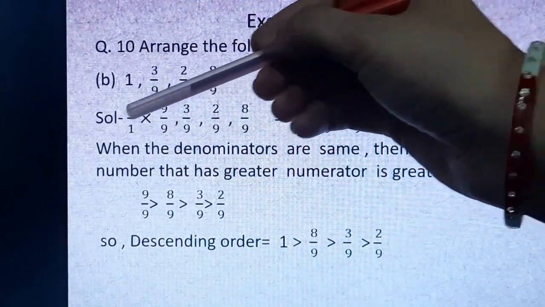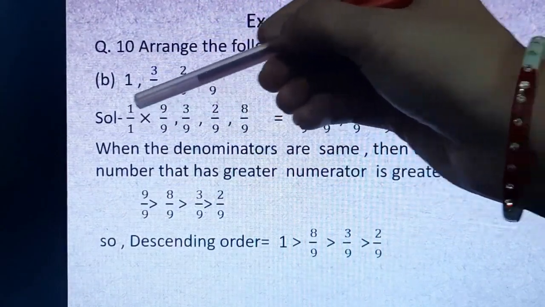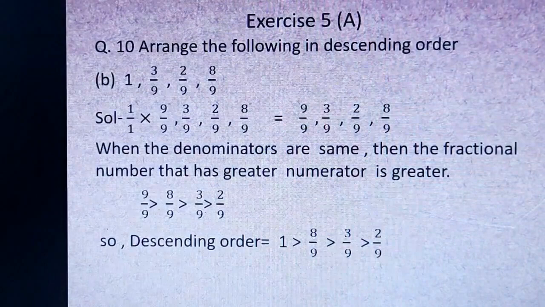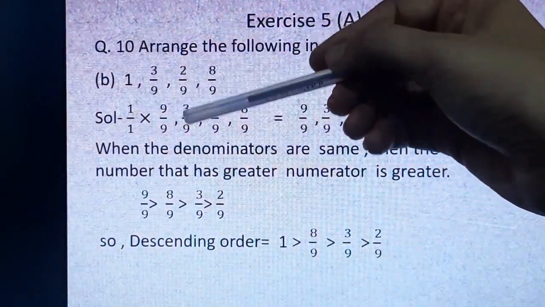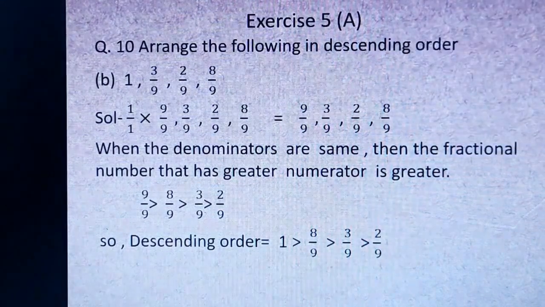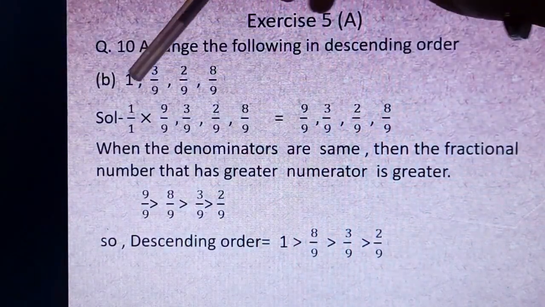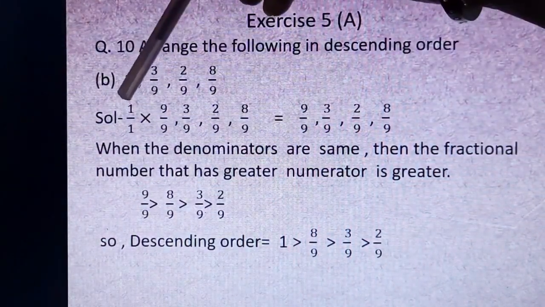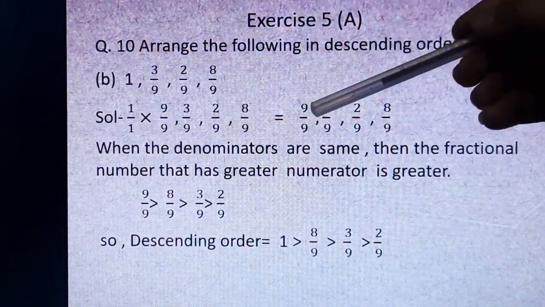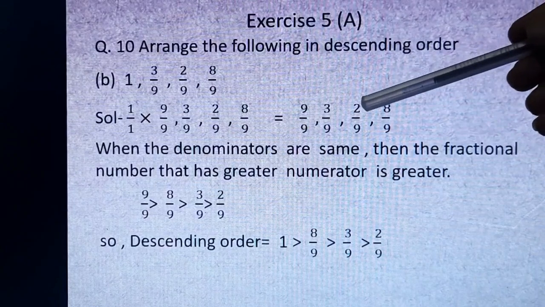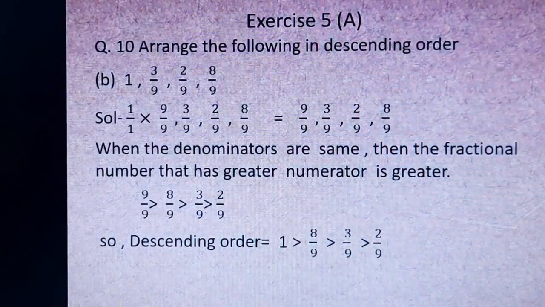Numerator is multiplied by 9, denominator is also multiplied by 9, so there is no change in the given term. The other terms are 3 upon 9, 2 upon 9 and 8 upon 9. So the next step will become 1 into 9 upon 1 into 9. So it is 9 upon 9, 3 upon 9, 2 upon 9 and 8 upon 9.